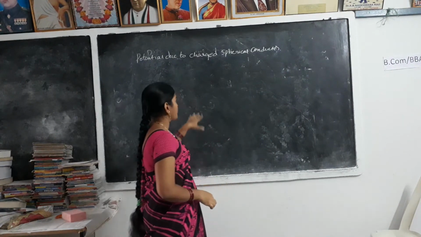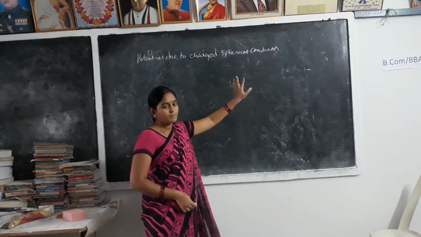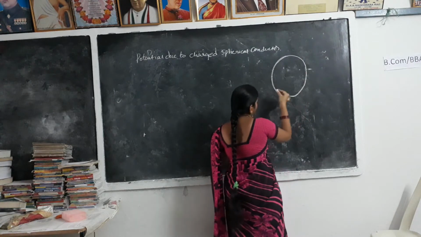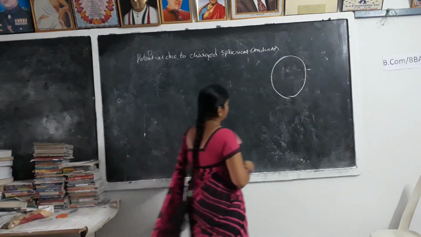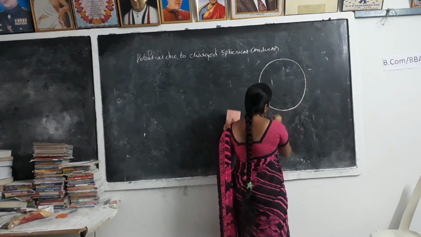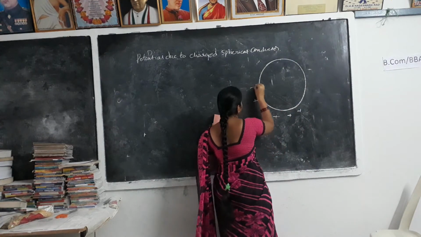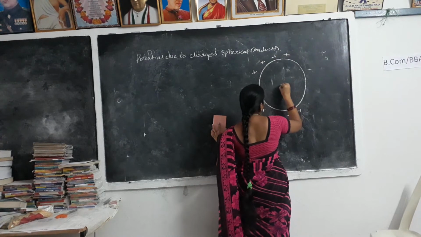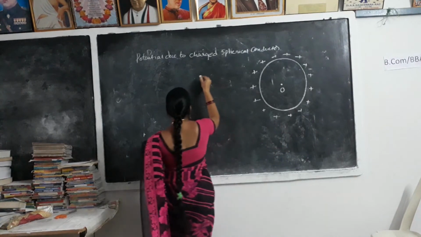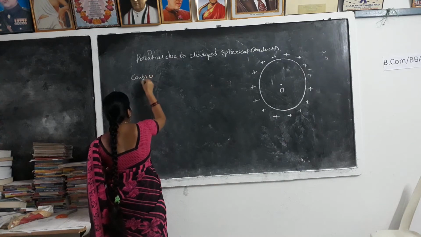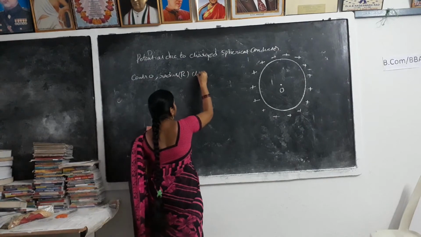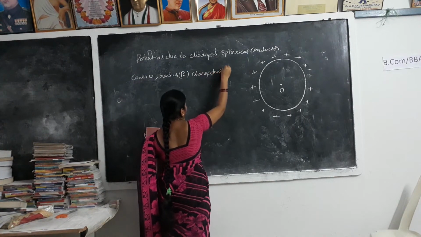Right? So in order to explain the potential due to charged spherical conductor, we have to consider one sphere which is uniformly charged with center O, radius r and charge density rho.